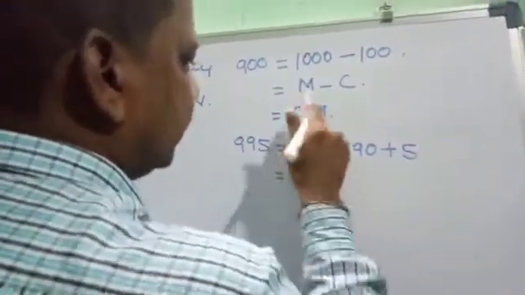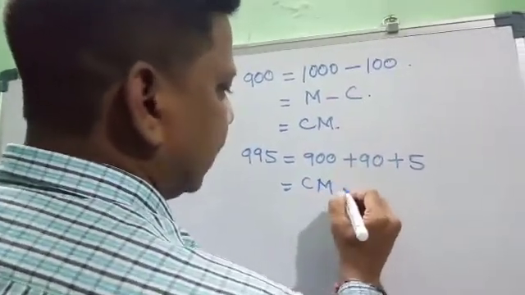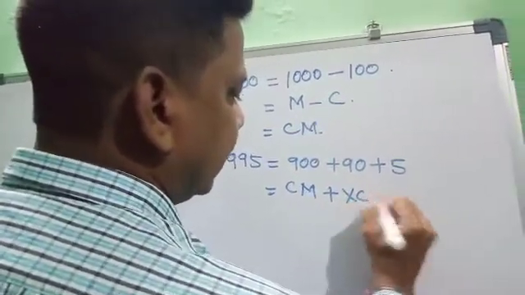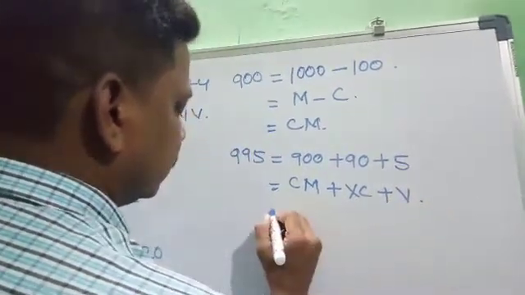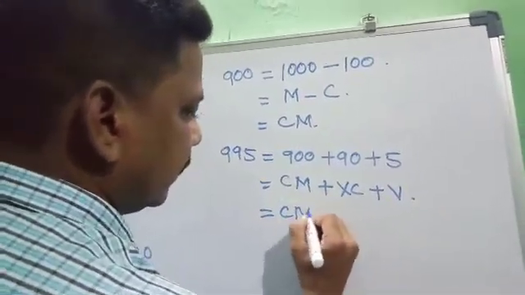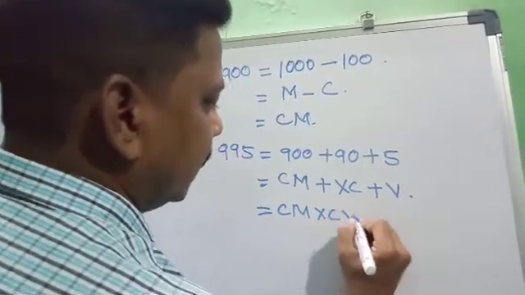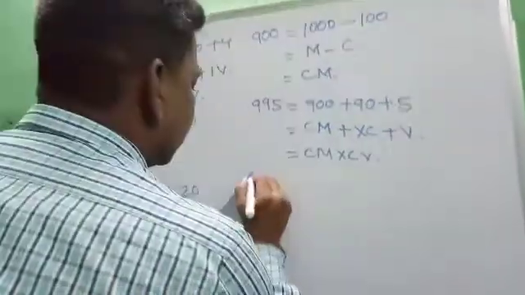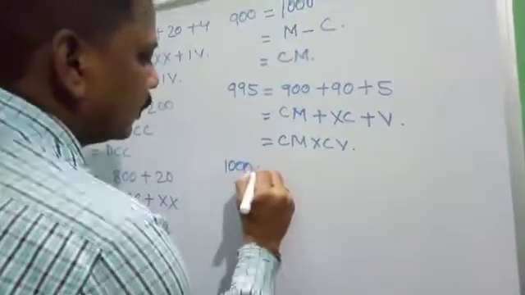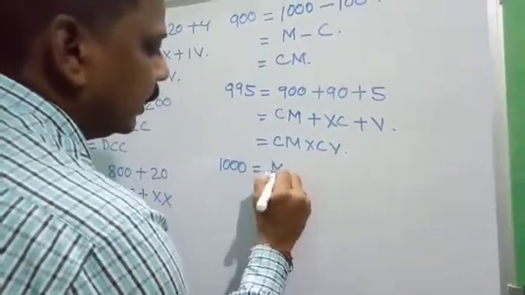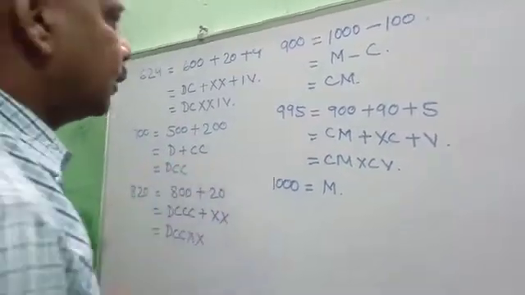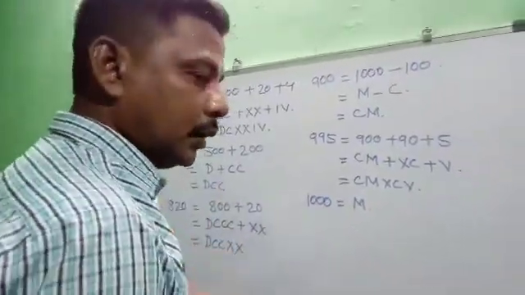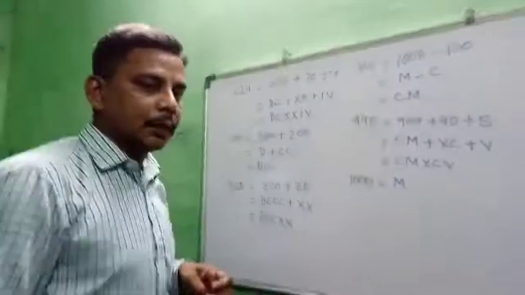For 900 we will use CM, 90 is XC and for 5 is V. CM XC V. Okay. For 1000, we can use M. Only M. In this way you can write many numbers by using this type of rule.